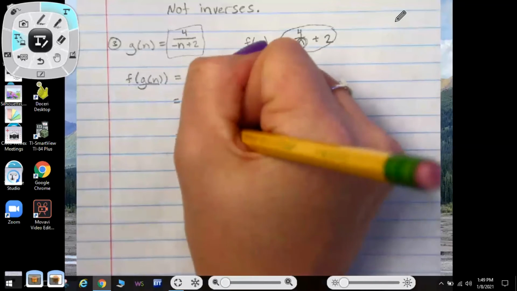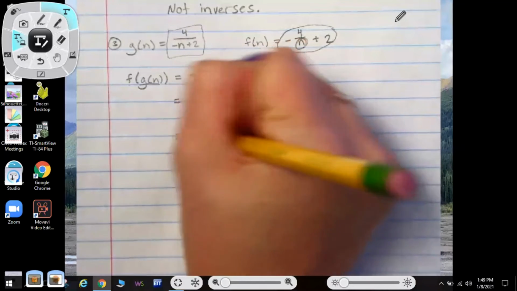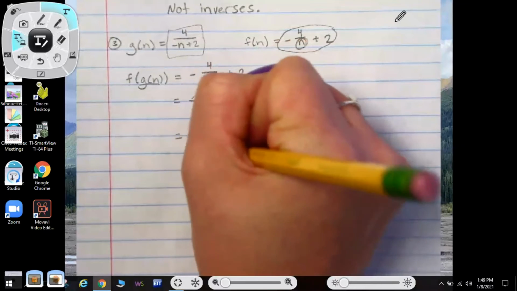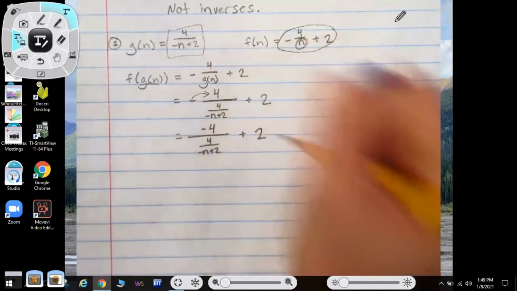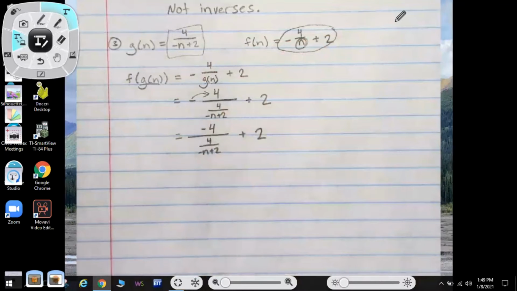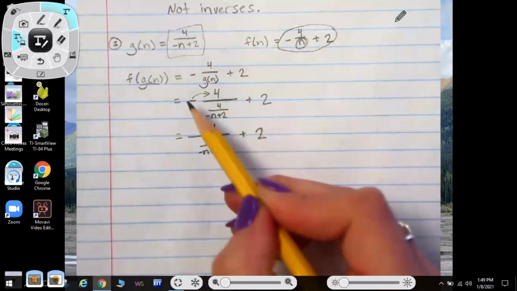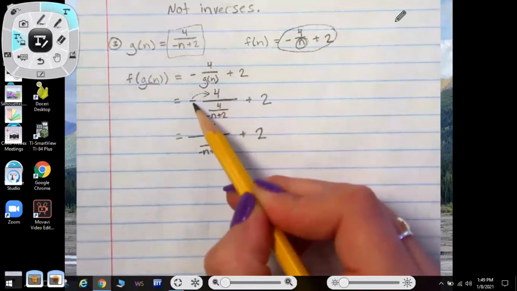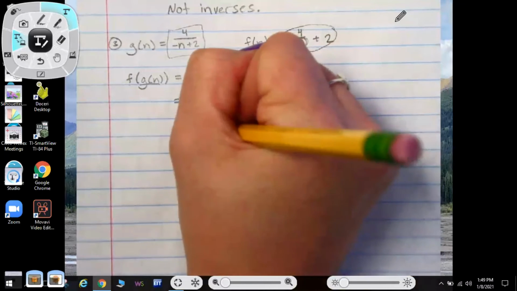So let's rewrite that as negative 4 over negative n plus 2, then plus 2. The only thing that changed within these two steps is I just moved the negative from being in front of the fraction to now being attached to the numerator.